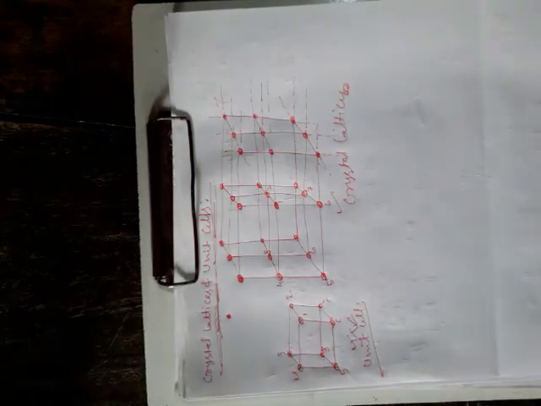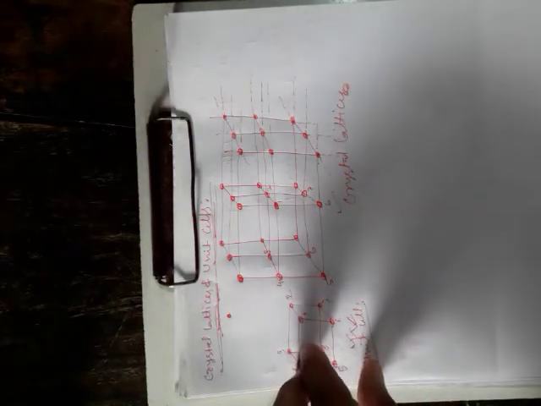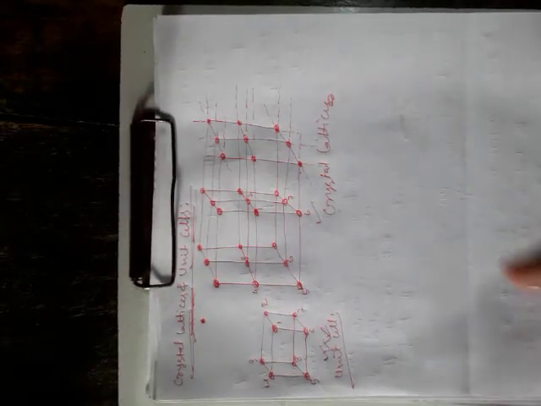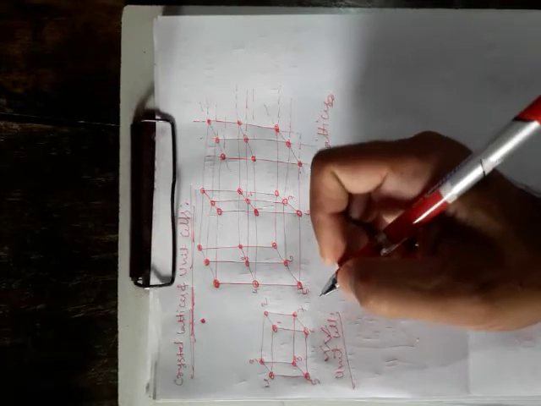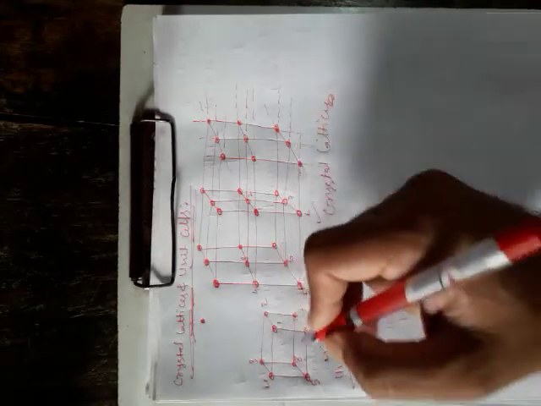So a unit cell is the small part of the crystal lattice by regular repetition of which we can get the whole crystal lattice of a solid. A unit cell may be characterized by two factors.